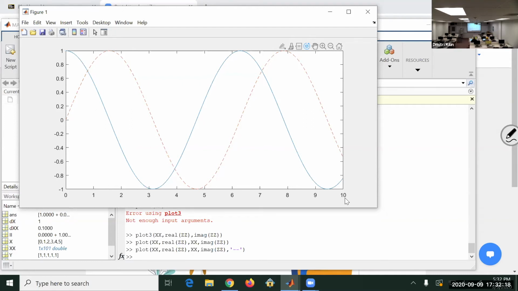So this one is real, and everything after this imaginary unit is imaginary. So you see sine, cosine. Yes, if x is cosine and y is sine, then together it makes this helix.